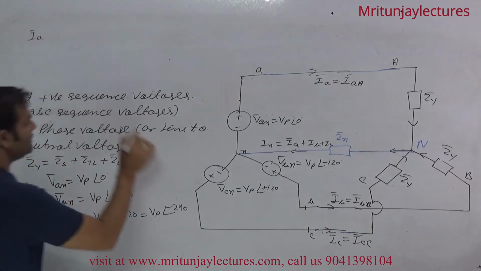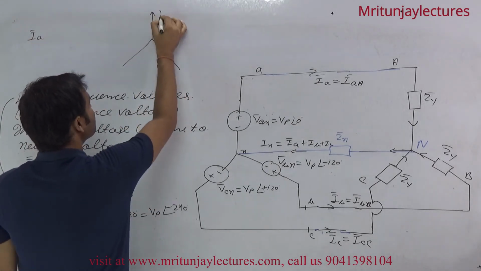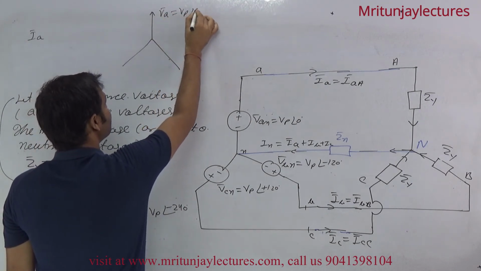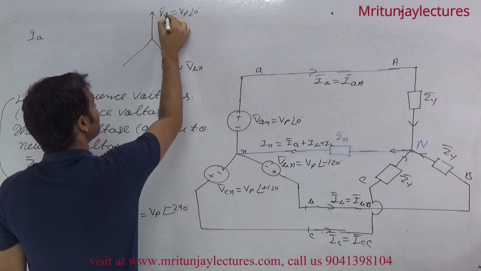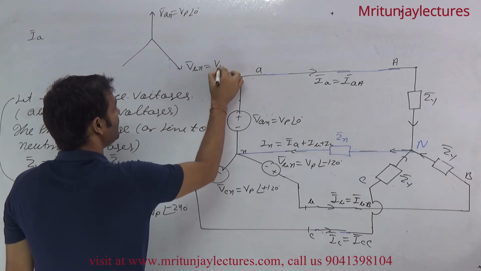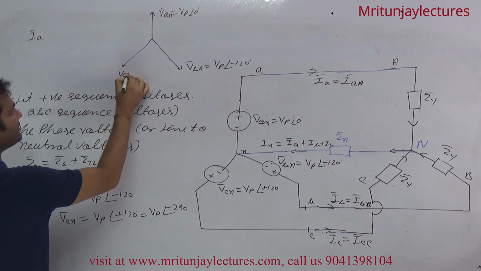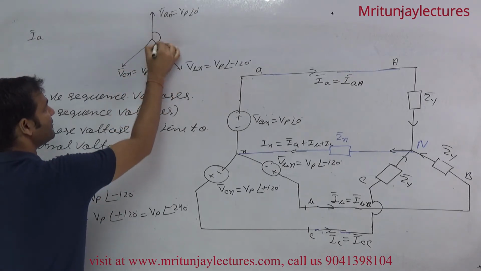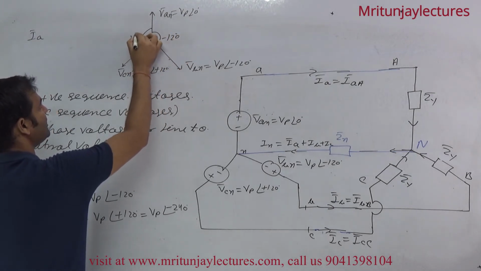Now what about IA? I know that VAN is Vp at the angle 0, and VBN is represented as Vp at the angle minus 120, and VCN is written as Vp at the angle plus 120. Clear? That is minus 120 and that is plus 120.